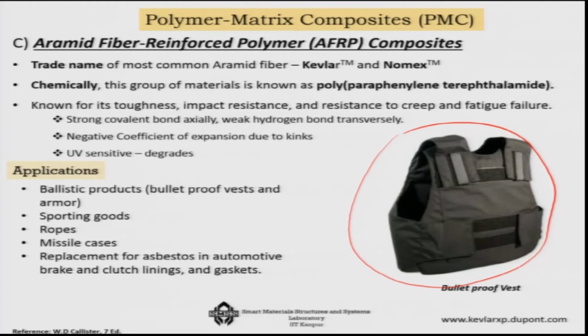Here we also insert different types of smart fibers to make what we today call intelligent textiles, which take care of not only the curing process, but also the state of stress, and whether there is a fracture already in it, in which case you cannot use the bulletproof jacket for a second time. So, in all these cases you would need the aramid fiber reinforced composite along with some intelligent fibers in it.